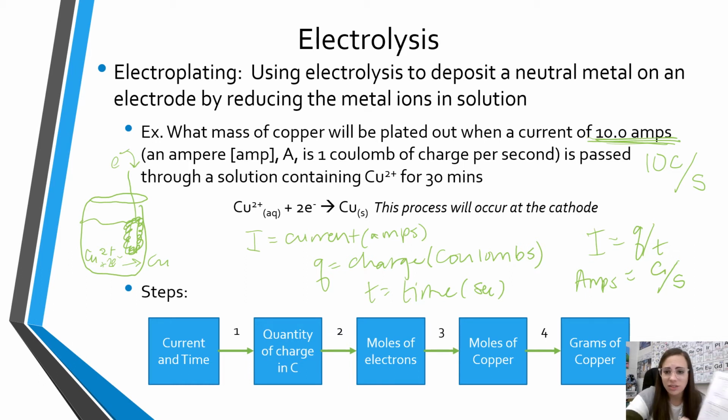If you want to look it up and remember this equation, it's charge over time, so coulombs over seconds, go for it. Once we know the coulombs, we know the current, we can convert everything into mass over time. We can see exactly how much, because it tells us here that we're doing it for 30 minutes.